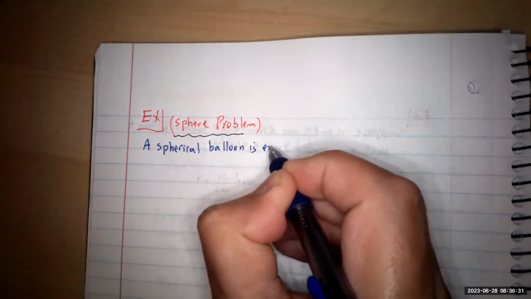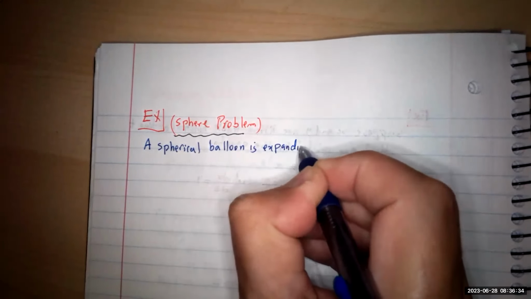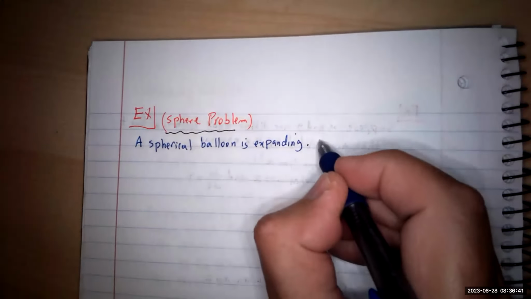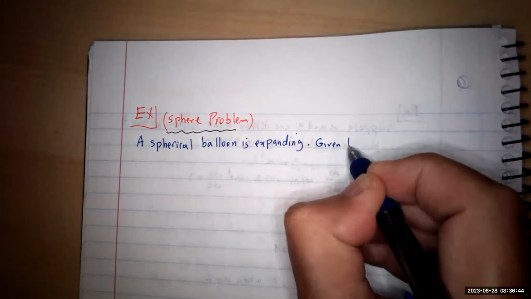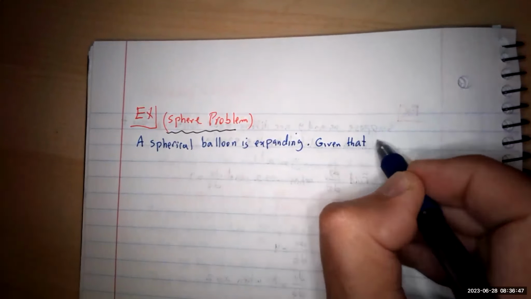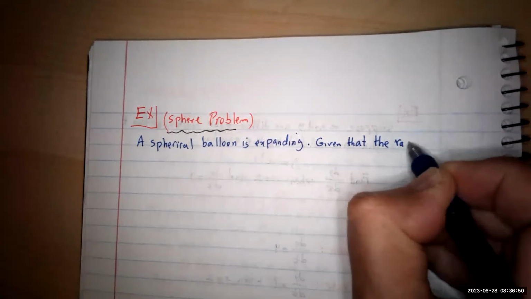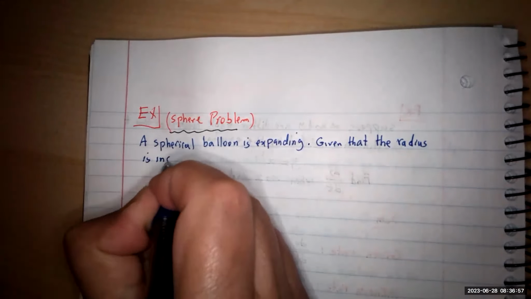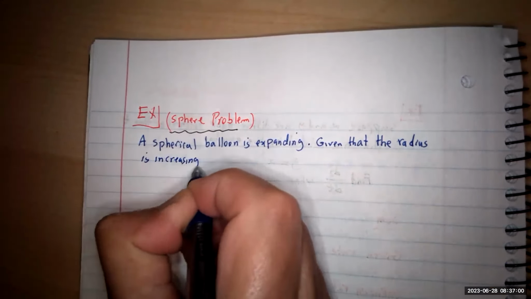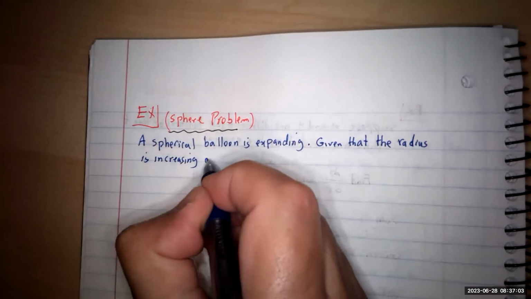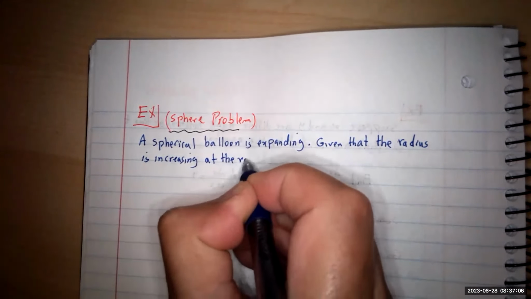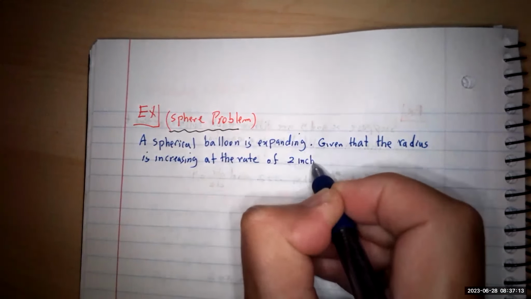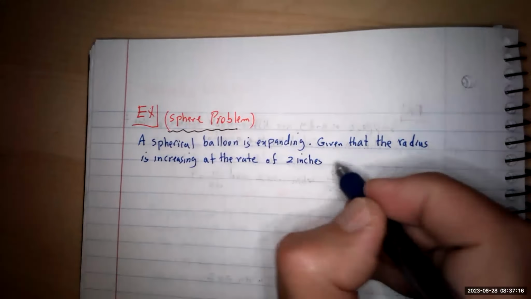You blow in helium, etc. Given that the radius of the balloon is increasing, getting bigger, increasing at the rate of 2 inches per minute.